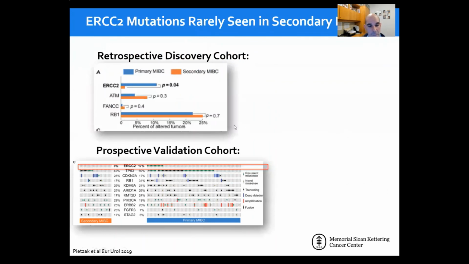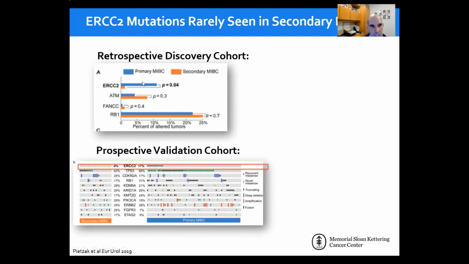BCG. I find this particularly interesting because in our investigation, looking at patients who presented with de novo muscle invasive bladder cancer compared to patients who were initially diagnosed with non-muscle invasive disease, treated with BCG, and then unfortunately progressed to what we're calling secondary muscle invasive bladder cancer.